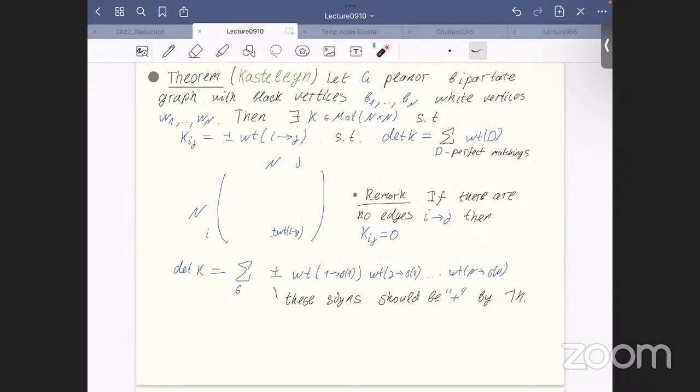And here, the fact that the graph is planar is crucial. This is not a theorem for an abstract graph. A perfect matching is defined in terms of the abstract graph, but this Kasteleyn story depends on the embedding.